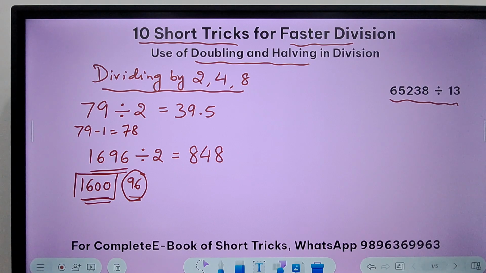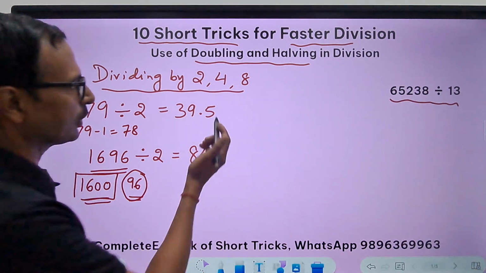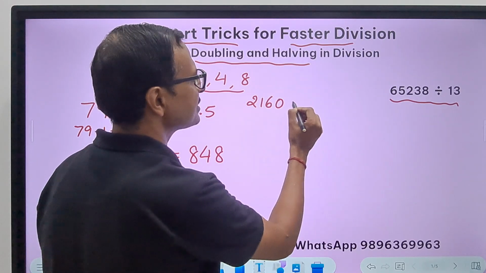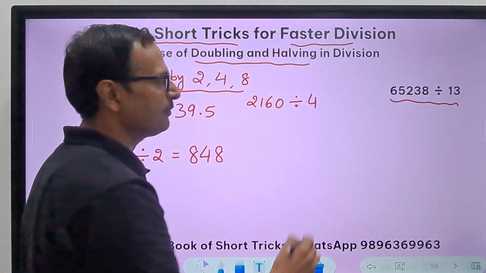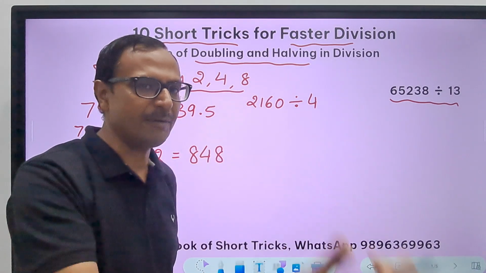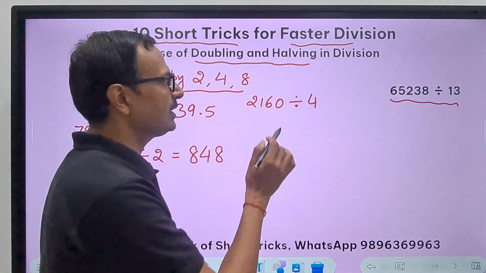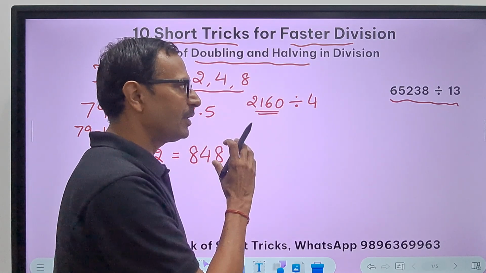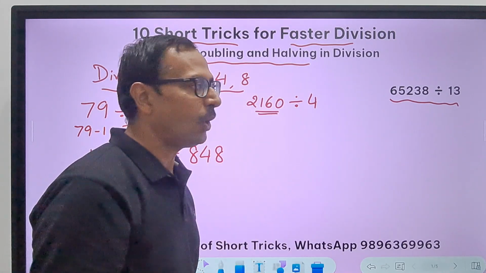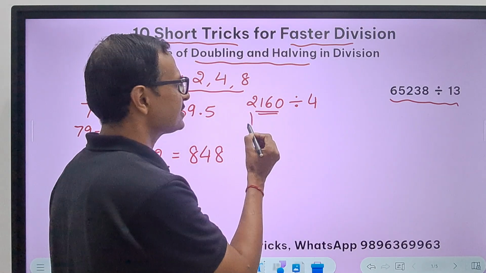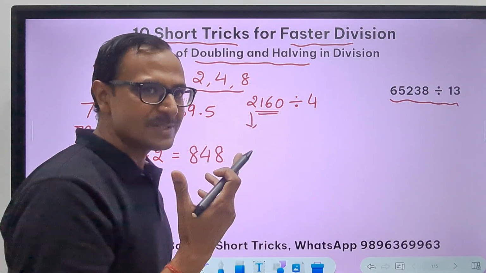Likewise, if you have to divide numbers by 4, suppose I take an easy example first, 2160, and I have to divide this by 4. I know that division by 4 is repeated halving. That means you have to take the half of this number 2 times. Dividing a number 2 times by 2 or dividing it by 4 means the same. So how do you speak half of this number in your mind?